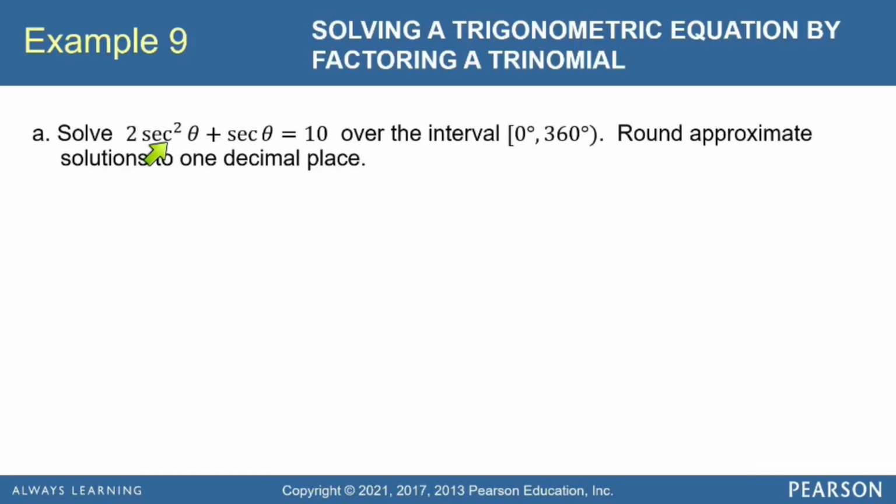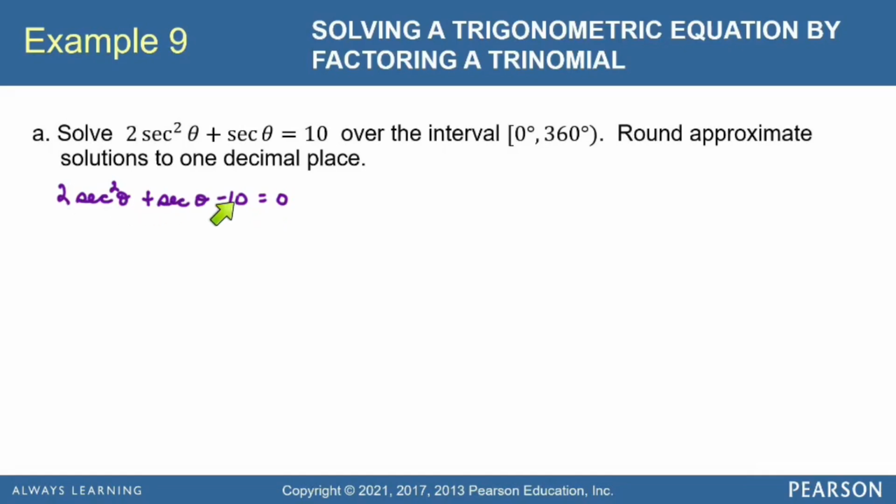Now the first thing I notice is that I have a squared function here, and that tells me that factoring is going to need to be involved. And so I know I need the other side of the equal mark to have a 0. So the first thing I'm going to do is subtract 10 from both sides, and that would give us 2 secant squared theta plus secant theta minus 10 equals 0.